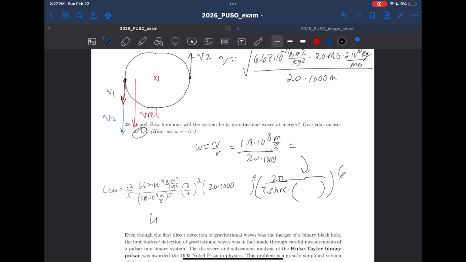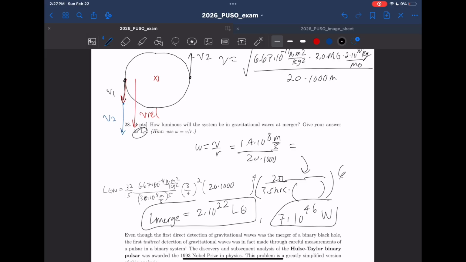And you'll get your gravitational wave luminosity. This here is going to be L_merge equal to 2 times 10 to the 22 solar luminosities. So it's highly efficient. And in watts, that's going to be 7 times 10 to the 46 watts. So very, very luminous in gravitational waves at the point of merger.